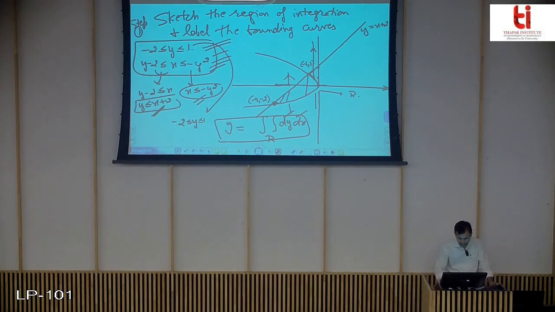If I consider the region up to this boundary, it will always enter through the parabola and leave through the line. So this is your, say, region R1. And for this region, whenever you consider any imaginary line, say this is L1, this is L2, it enters through the parabola and leaves through the parabola.